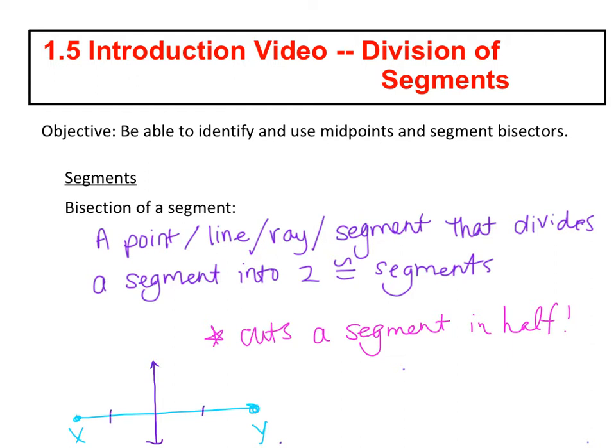Let's say this is line p, pretend that's lowercase. It is lowercase, but it's hard to tell. So line p is a bisector of this segment because line p cut segment XY in half into two congruent segments. So that's what a bisection of a segment would look like.